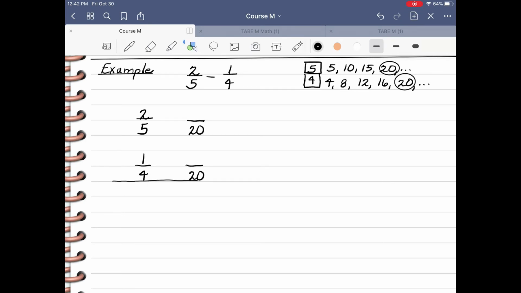And then we will be able to subtract. 5 times 4 is 20. 2 times 4 is 8. 4 times 5 is 20, and 1 times 5 is 5. 8 subtract 5 is 3/20. And that is the final answer. It cannot be simplified.